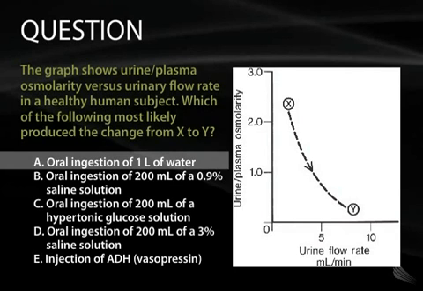As a result of that water ingestion you're producing a high amount of volume and at the same time resulting in a very dilute urine. So therefore a urine over plasma osms ratio would be lower, and hence you would be going from X to Y.